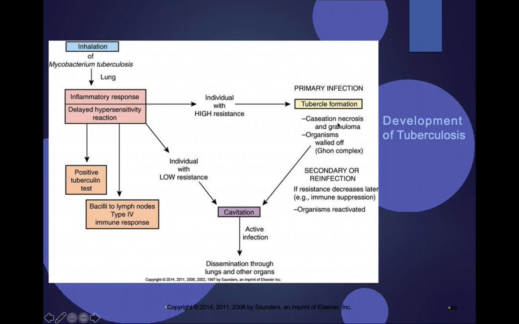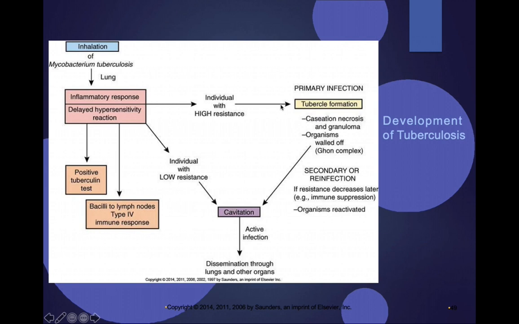Remember, the tubercle is where they have the caseation necrosis plus that granuloma, and the organism becomes walled off, and there's the Ghon complex. That's if they have high resistance. Now, if they have low resistance, then it goes right into the cavitation. Okay? If it goes into the cavitation, now you have that active destruction, and it can disseminate and spread to other parts of the body.